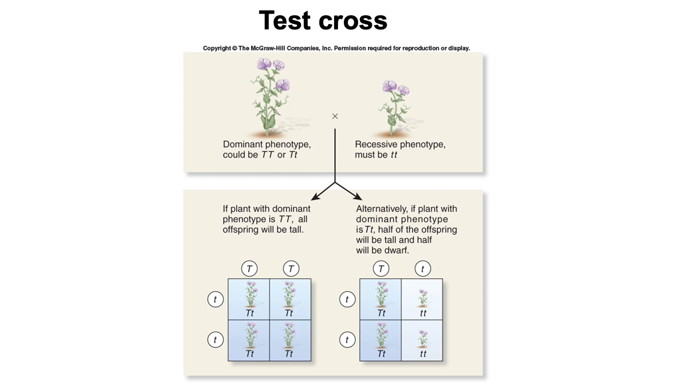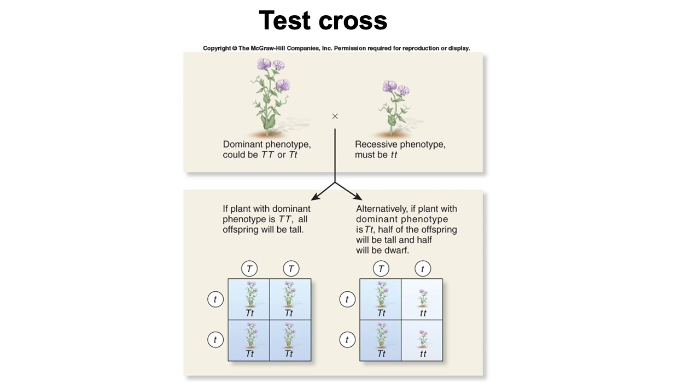In this case, as shown in this slide, when we have a tall plant, that tall plant could be homozygous for the dominant allele or it could be heterozygous. And there's no way in this particular situation for us to determine what the genotype is when the plant has the dominant phenotype. So a test cross is a way that you can determine the genotype.